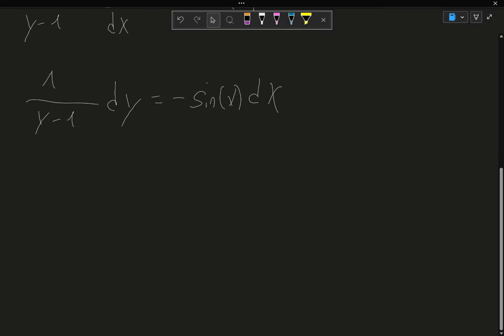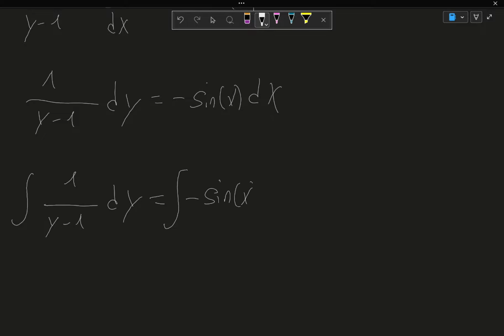Now we can integrate both sides, so we have the integral of 1 divided by y minus 1 dy is equal to, I forgot the integral sign, the integral of minus sine of x dx.